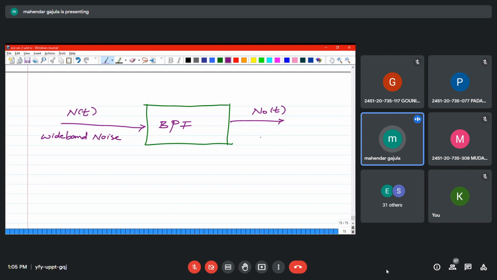After the band pass filter, the signal is called a band pass or band limited signal. The output of a band pass filter is called a band pass or band limited signal.